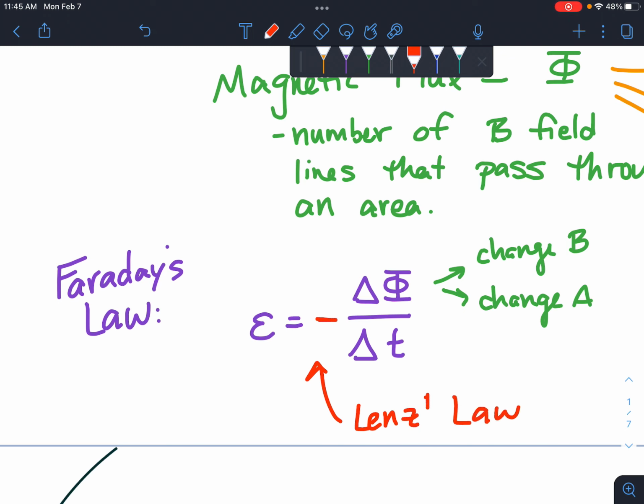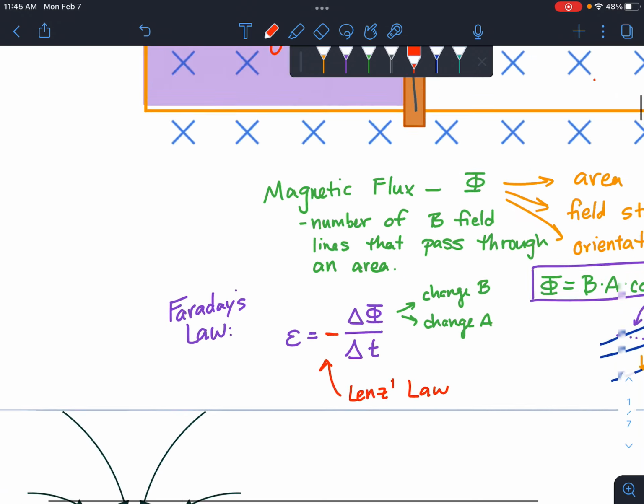And Lenz's law says that the current produced by an EMF will oppose the change in magnetic flux. Not oppose the magnetic flux, oppose the change in magnetic flux. All right?